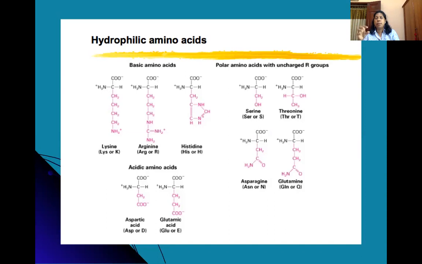That is why the solubility in water will be increased. Solubility means water binding ability is increased if you have the polar amino acid. Not only water, but different types of polar molecules can bind with these amino acids. So the hydrophilic amino acids are supported by making a lot of hydrogen bonds.